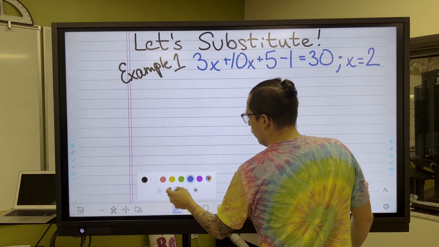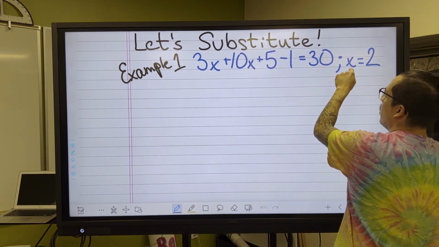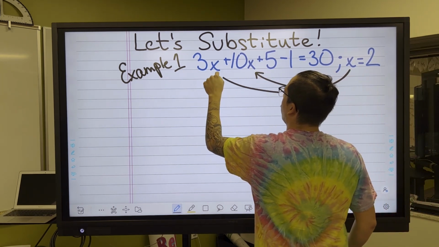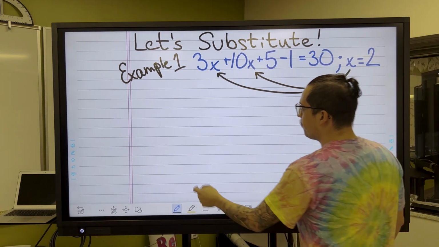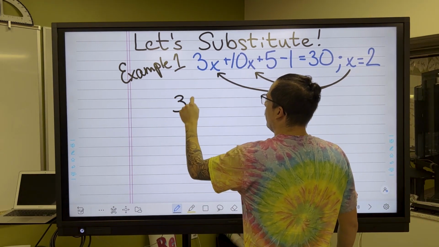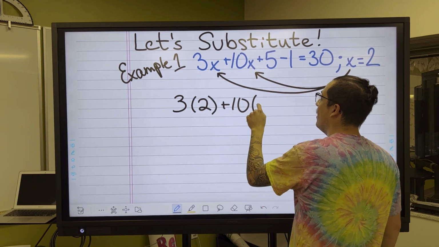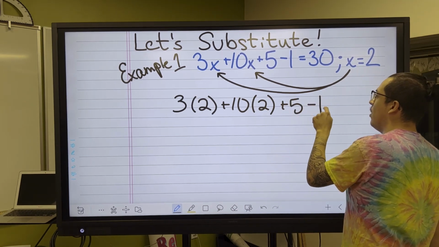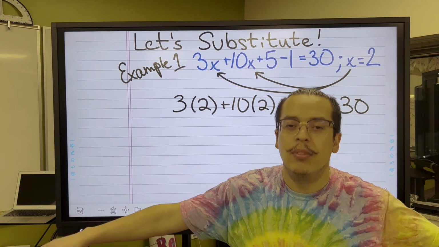And so, when it comes time to do our work, we're going to substitute everywhere that we see an x, we're going to put 2 instead. 3 times 2 plus 10 times 2 plus 5 minus 1 equals 30, and stop.